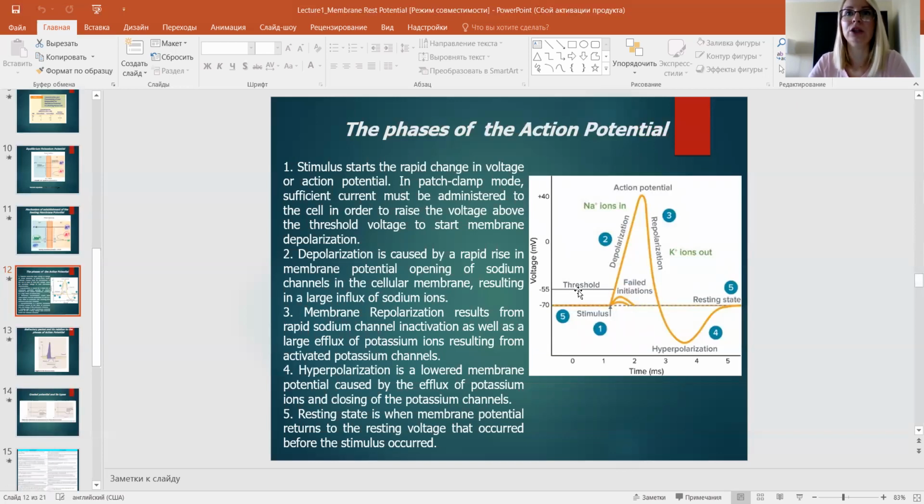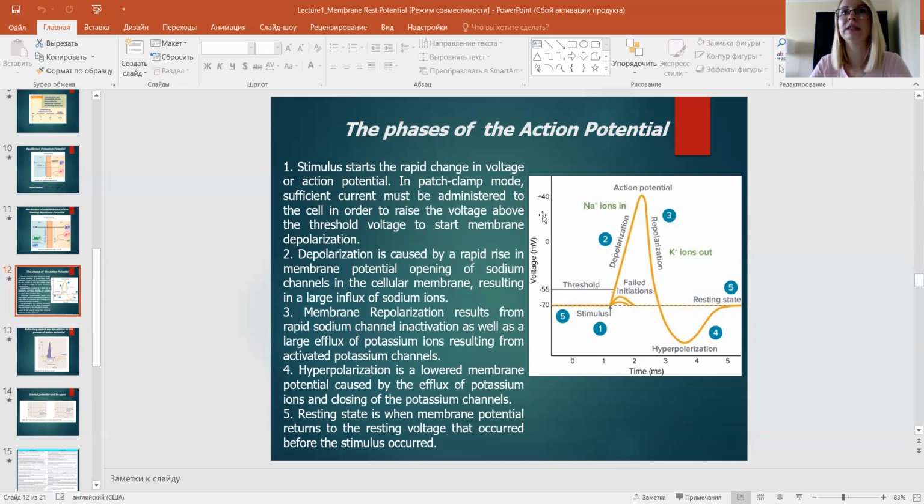As soon as the difference reaches 30 millivolts, sodium channels are closed and the slow voltage-gated potassium channels are opening. At the same time, leak potassium channels remain open all the time.